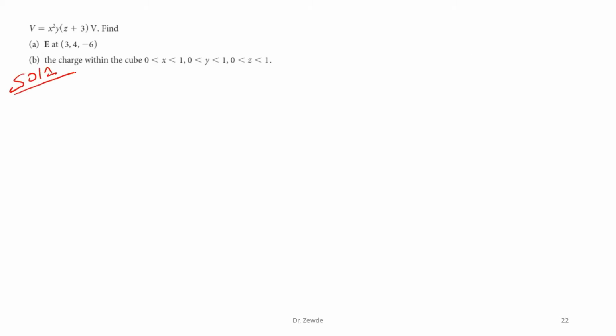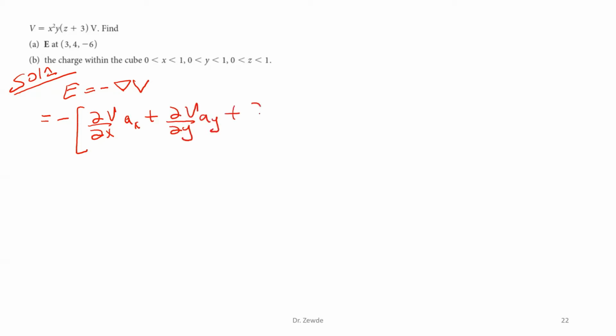For A, the electric field vector is given as the negative of the gradient of the scalar function V. So this is equal to minus partial x of V ax plus partial y of V ay plus partial z of V az.